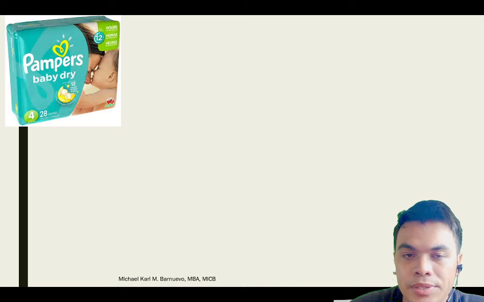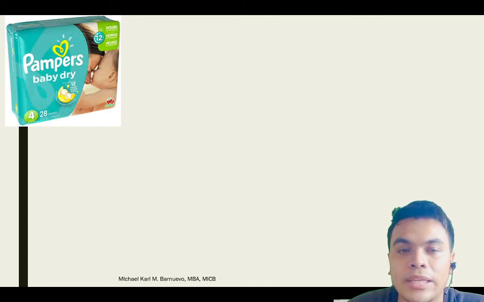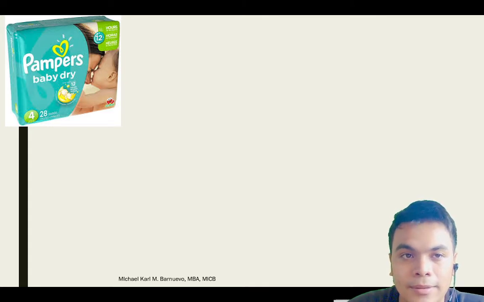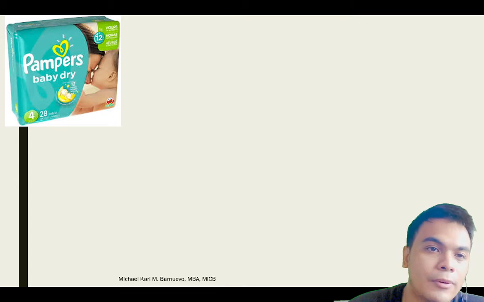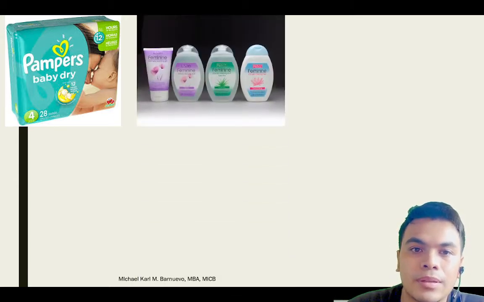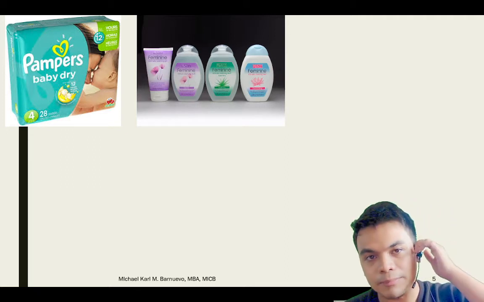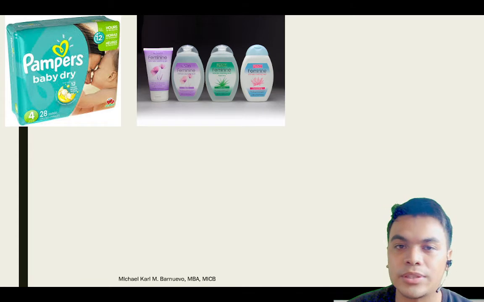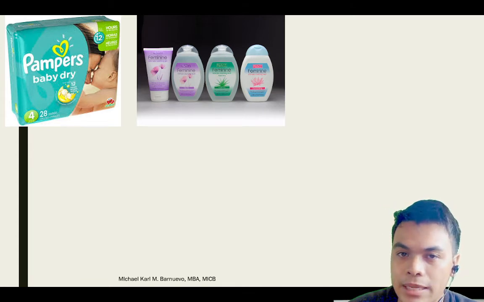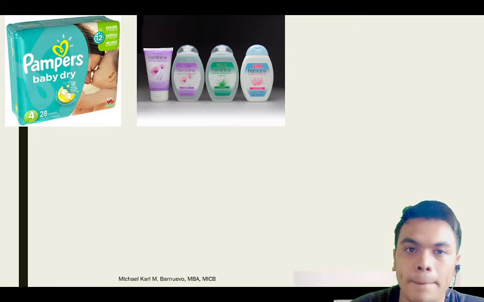So, price should be considered, since mothers are budget conscious. Even our design should be attractive for mothers or parents, not for babies. Okay, how about feminine products? When it comes to demographic, of course, we will consider the gender, male or female. And when we say feminine products, it will cater to the female market.